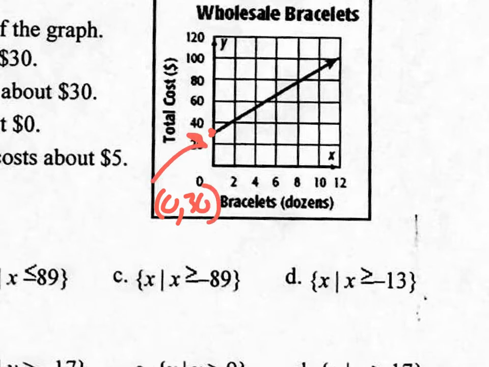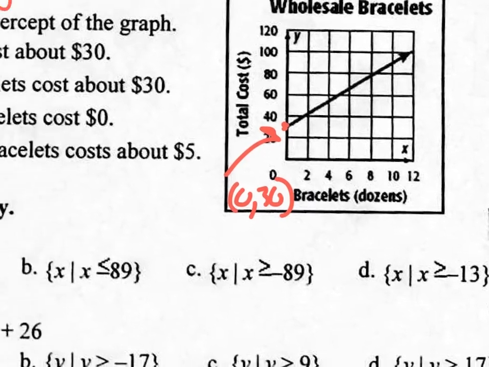The x values are your bracelets by the dozen, and your y values are your cost. So this is telling us that it's going to cost about $30 to make no bracelets. In other words, it's going to cost $30 to start it up. So that's my interpretation.